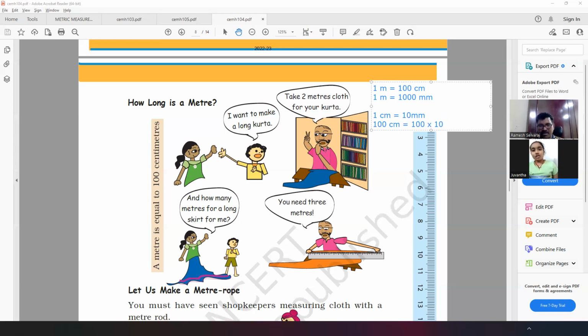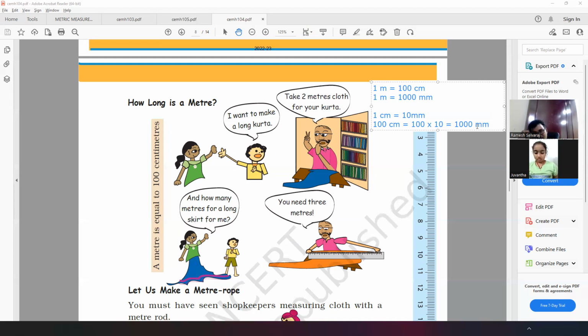How much will it come? 110? No, 100 times 10, not 100 plus 10. 100 times 10 is 1000, right? So 1 centimeter is 10 millimeter, 100 centimeter is 100 into 10, 1000. That's why 1 meter we will call 1000 millimeter.